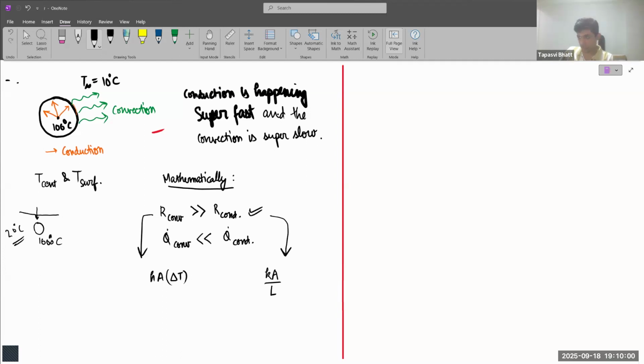If the area increases, L over kA, now this, okay, the reciprocal of this, which is L over kA, because if length increases, the conductive resistance also increases. So we are essentially saying that hA delta T should be very much greater than L over kA times delta T, right? You can cancel out the delta T term, and even the area term.